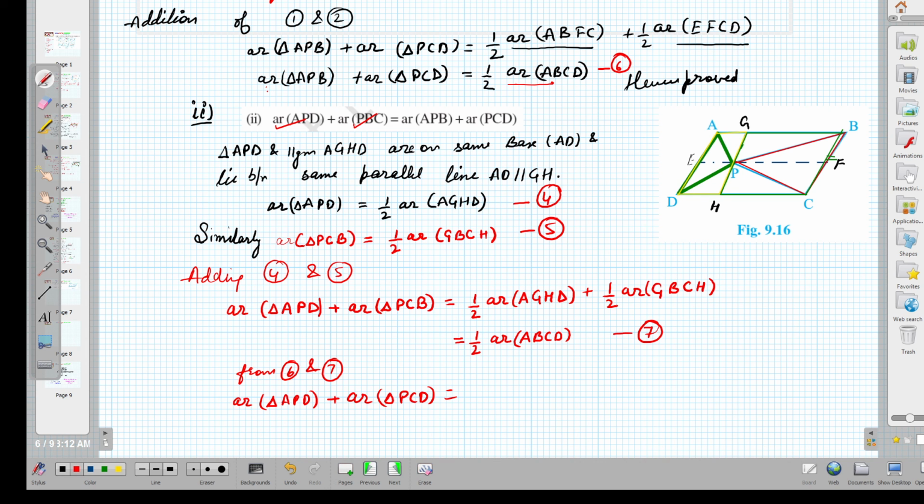From 6 we can say this is equal to this one. So this will be area of triangle APB plus area of triangle PC. तो ये हमें प्रूव करना था, हम यहाँ लिख सकते हैं नाउ हेंस प्रूव्ड, राइट.